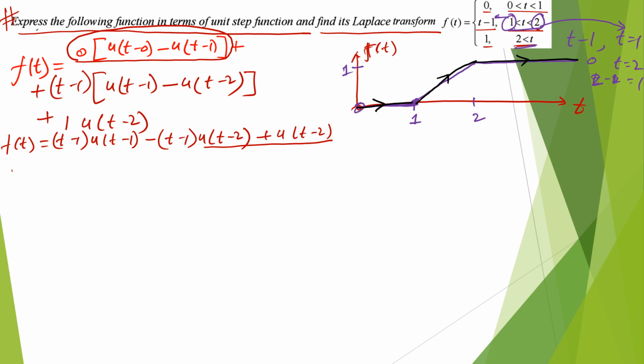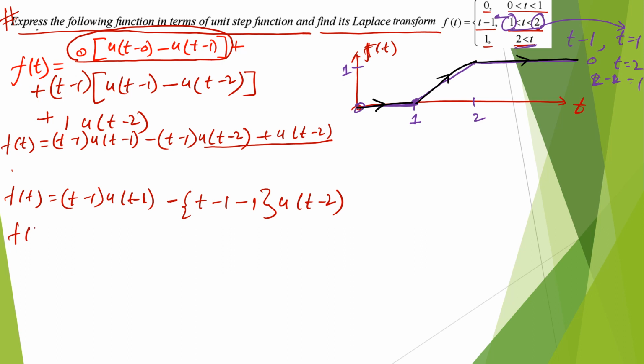Then f(t) is equal to (t minus 1) u(t minus 1) minus [(t minus 1) minus 1] u(t minus 2). So f(t) is equal to (t minus 1) u(t minus 1) minus (t minus 2) u(t minus 2).